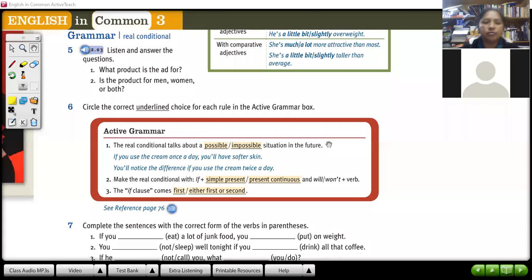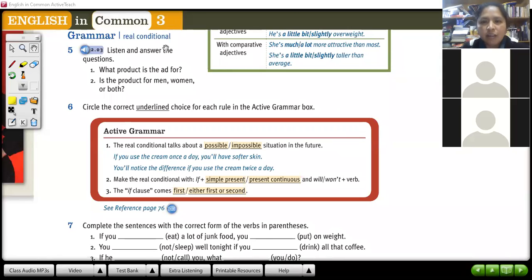Okay, here you are. This is the English Common Book. It says real conditional. Real conditional is linked with the first conditional. Real conditional or first conditional, it's also called.